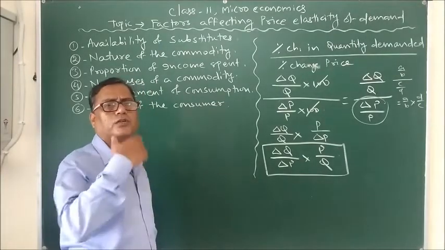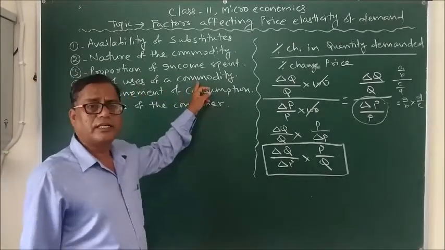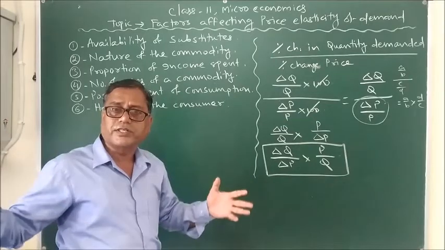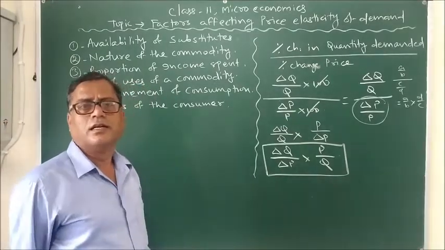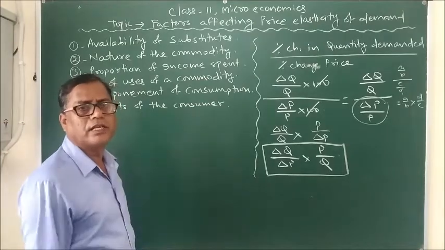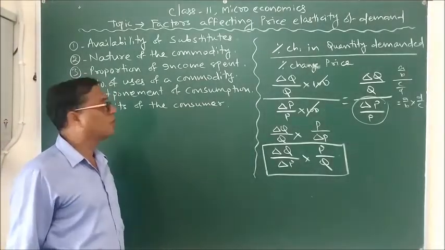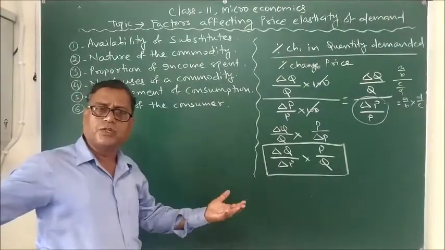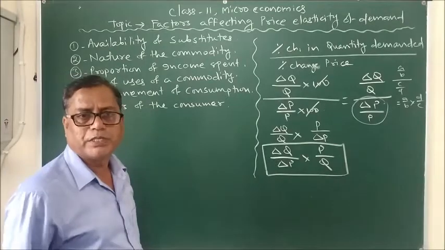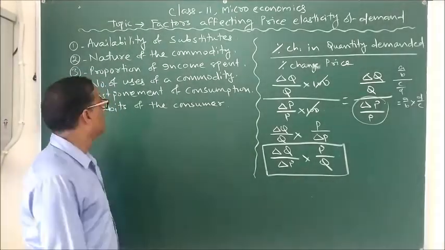So if a commodity has more uses, then it would have a higher degree of elasticity of demand. On the other hand, if a commodity has only one use, then it would have a lesser degree of elasticity of demand. So more is the number of uses, higher would be the elasticity of demand, and less is the number of uses of a good, less would be the elasticity of demand.